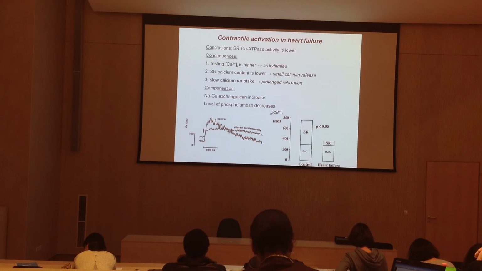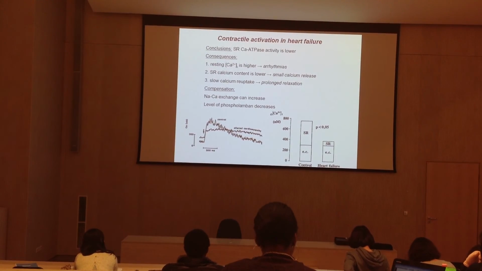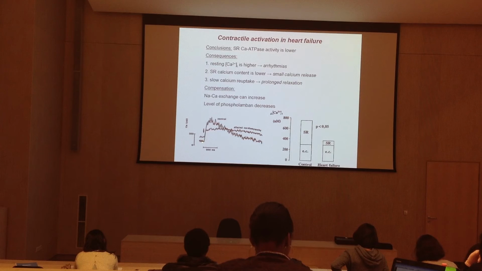What could scientists measure if they use ill single fibers from patients having heart failure? They found that the resting calcium level is much higher, 2 times larger than in the healthy fibers.